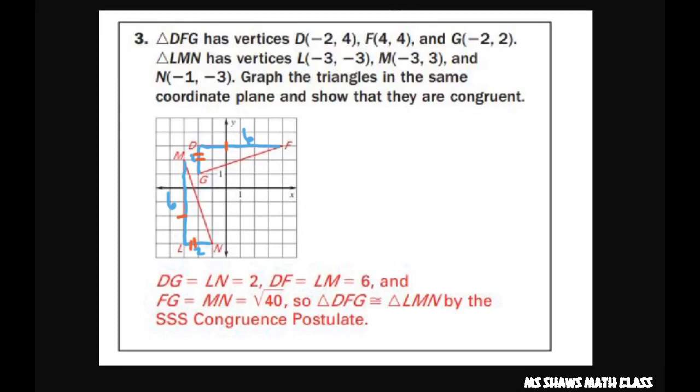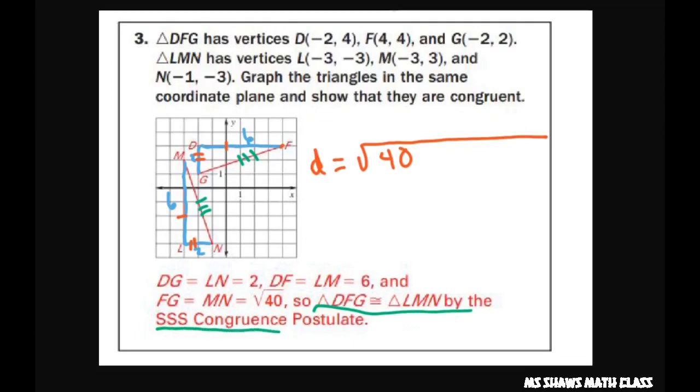And doing the distance formula, you plug in your points, and you get square root of 40 for both of them. So since all sides are congruent, the triangles are congruent by the side-side-side congruence postulate.